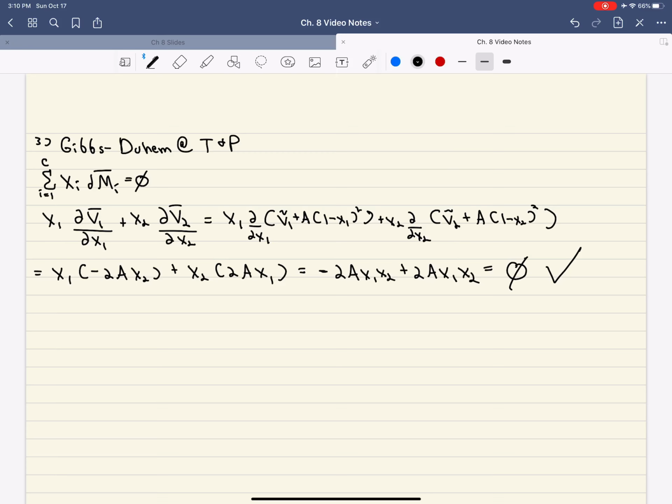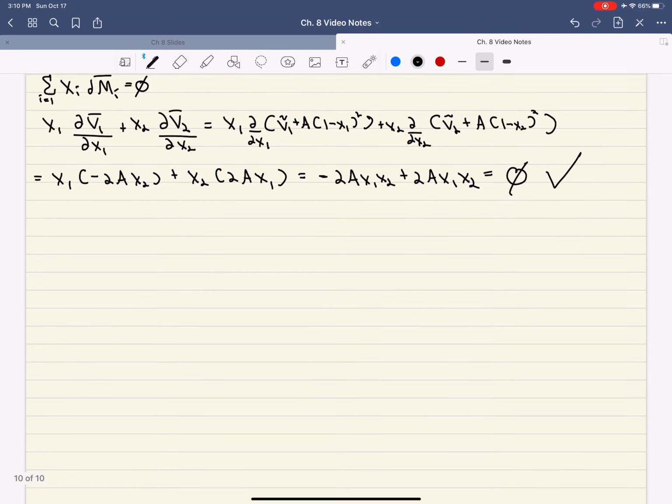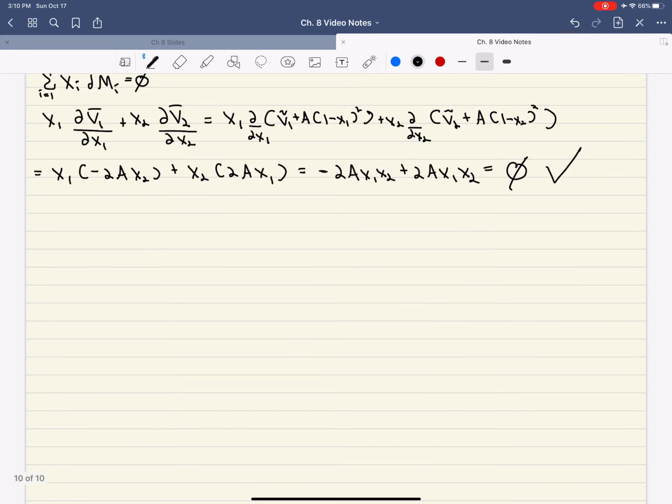And so now, because we passed these 3 different tests, what this suggests to us is that our delta V mixing model is thermodynamically consistent. And there's at least a reasonable chance that this model can accurately describe the thermodynamics of the mixture.